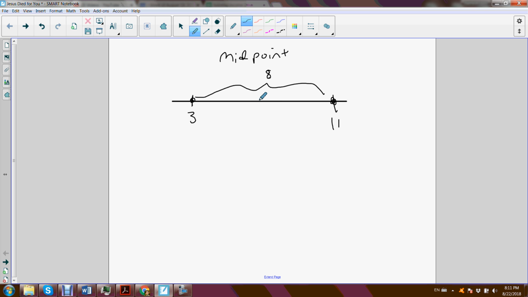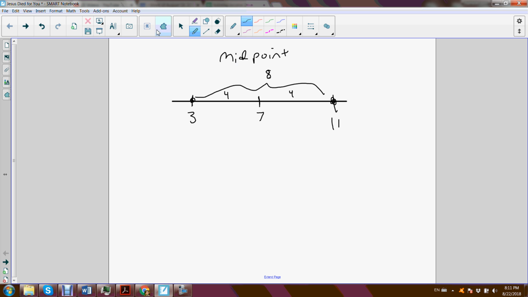Well, the midpoint then, wherever that is, it's going to have to be 4 units each way. 4 units above the 3 and 4 units below the 11. So 4 units above the 3 would be 7. That's the same as 4 units below the 11.